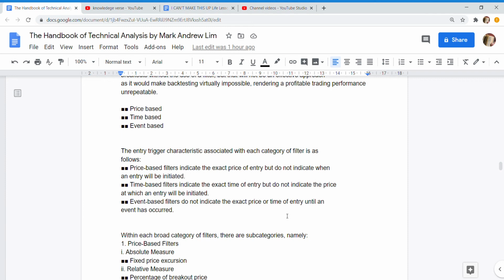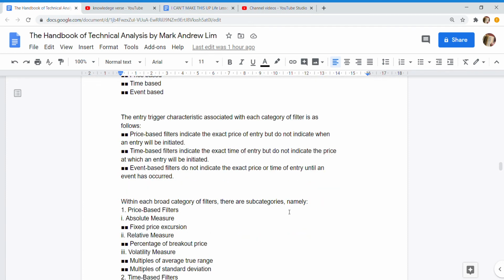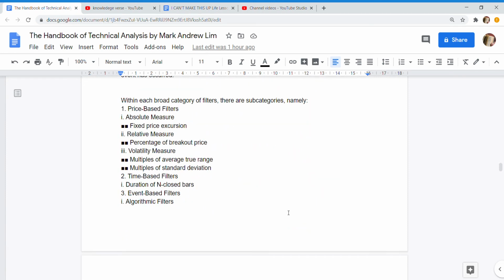Within each broad category of filters, there are subcategories, namely 1. Price-based filters. I. Absolute measure. Fixed price excursion. II. Relative measure. Percentage of breakout price. III. Volatility measure. Multiples of average true range. Multiples of standard deviation. 2. Time-based filters.